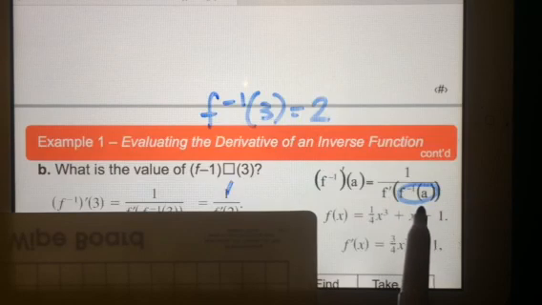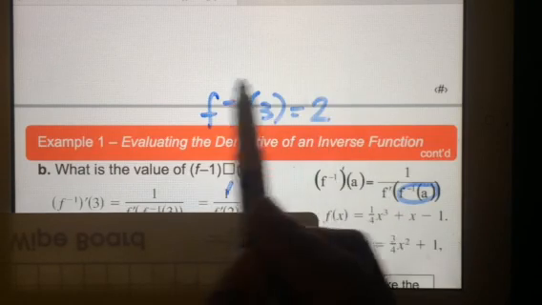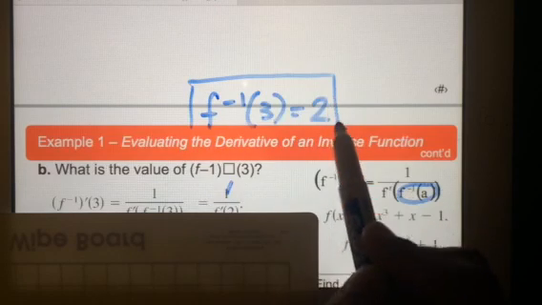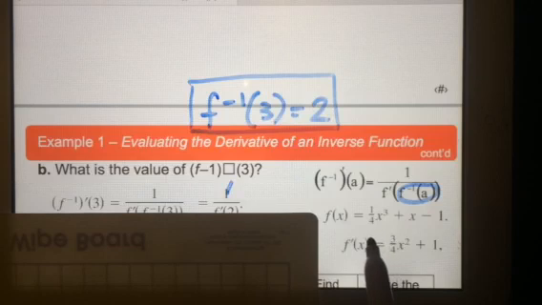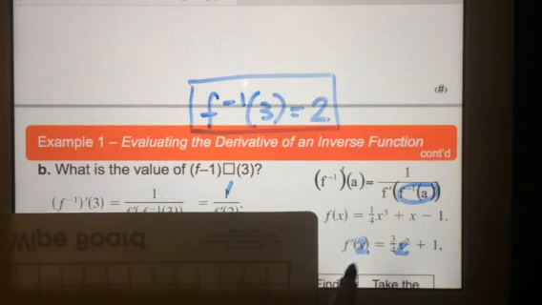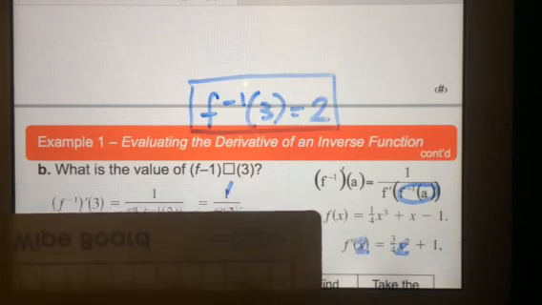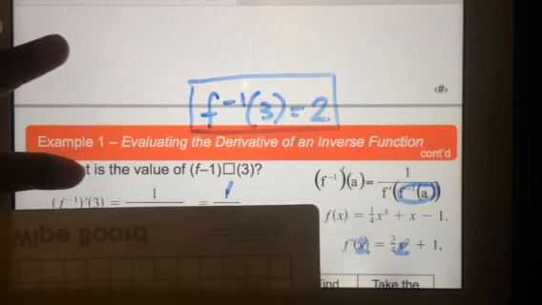And what we need to plug in for f prime is going to be this value that we got before, which is 2. So what we're going to do is replace each x by 2 in the derivative. And then take that reciprocal. So here's the whole solution. The rest of the solution would be this.